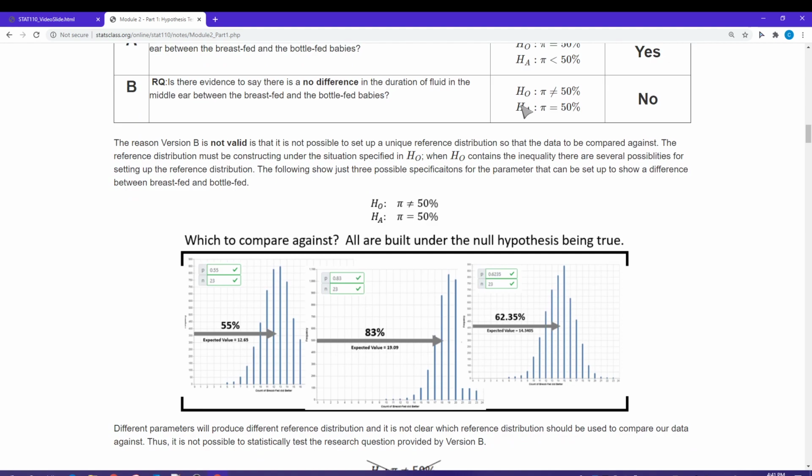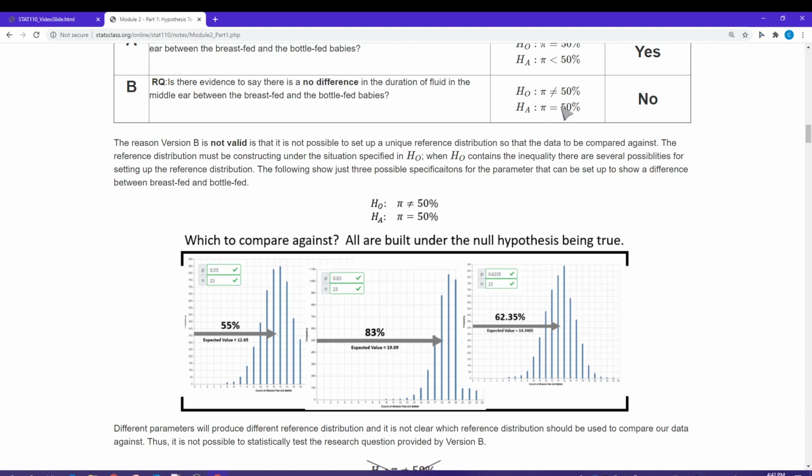And this isn't possible because I don't have one particular value that I can use to set up my reference distribution. So under this situation right here, I have many, many possible choices to use in choosing my reference distribution.